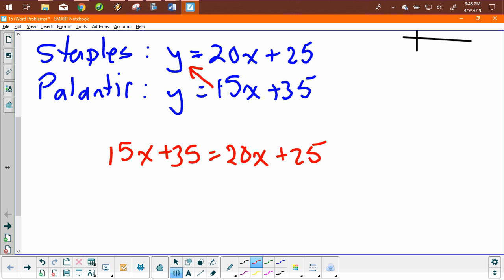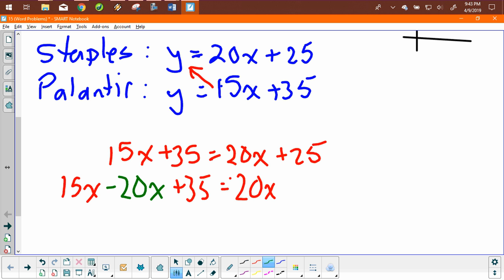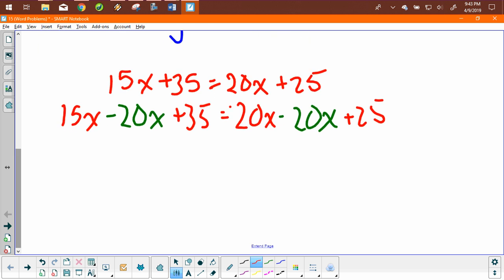Okay, so something I could do to start solving would be to bring the 20x to the other side. So I have 15x, and it's a positive 20x, so that means I'm going to subtract it. Okay, when I tidy that up, 15 take away 20 is negative 5x plus 35 equals 25.